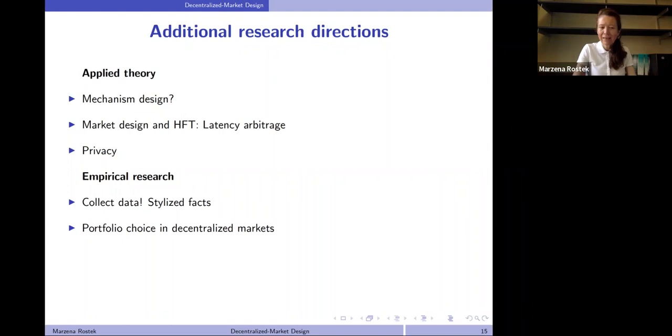But in many markets of interest to economists, participants are not negligible in trade. The participants' behavior impacts prices and allocations of items.